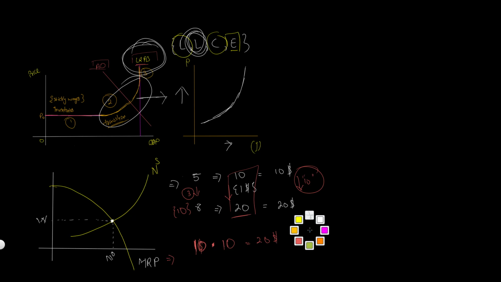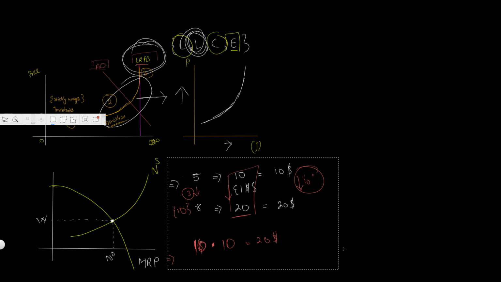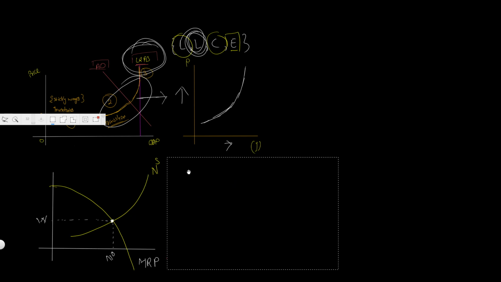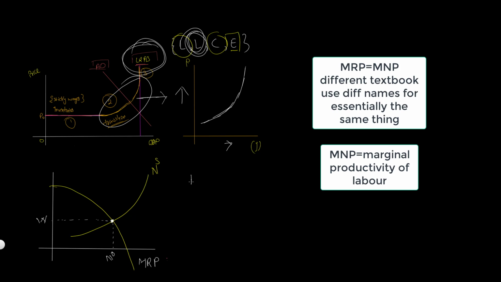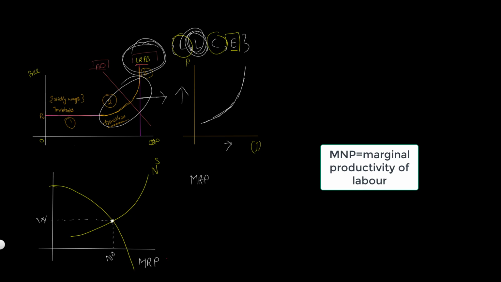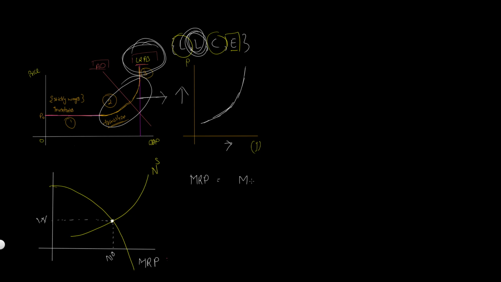To keep things simplistic, just know that the formula for marginal revenue product is equal to marginal product, or MPN, however you like to put it, multiplied by the price of the product.